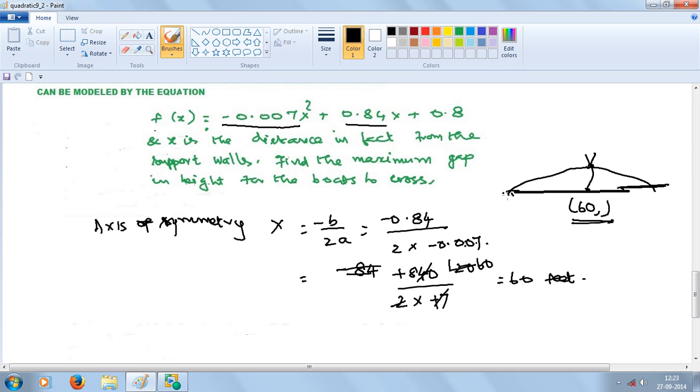So this function, now you know the value of x, you apply this formula and get the value of y. So f(x), or y, is equal to minus 0.007 multiplied by x squared, that is 60 squared, plus 0.84 multiplied by 60 plus 0.8.